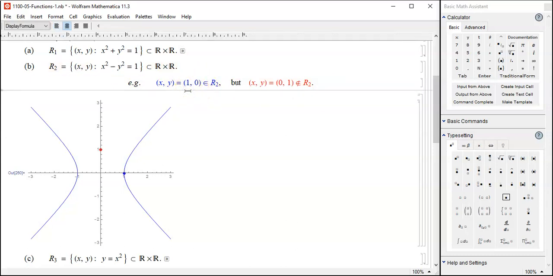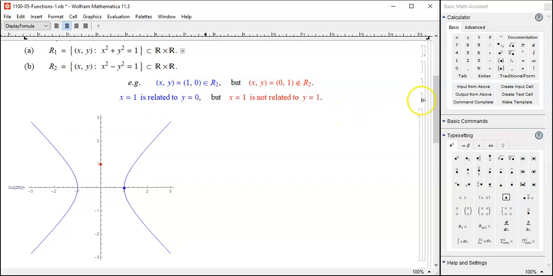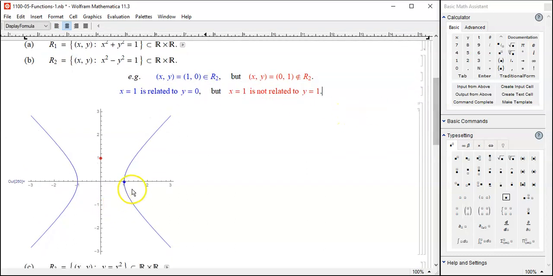And we can say like this. X value 1 is related to y value 0. Yes, (1, 0). It's on this blue curve. This blue dot is on the blue curve. But x value 0 is not related to y value 1. So (0, 1) right here, this red dot is not on the curve.